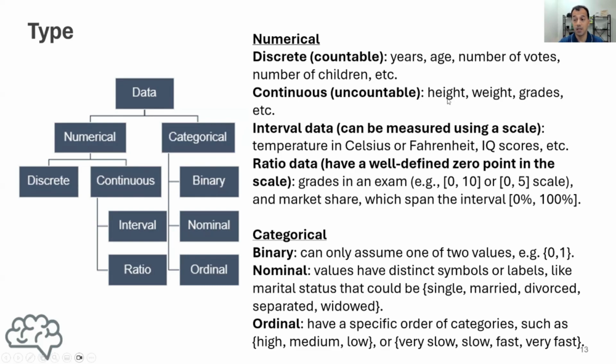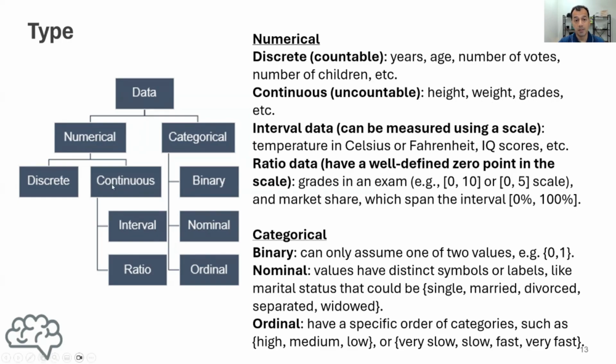For example, we have the height, and here we can talk about height based on feet and inches or based on meters. In this case, we can have, for example, 1 meter and 72 centimeters. So this is a continuous scale or a continuous value that I am using to describe the variable height. I can do the same thing with other variables like the weight, like the grades in a certain exam.